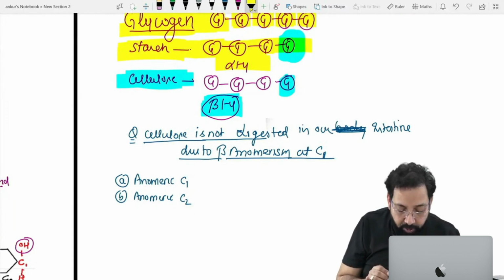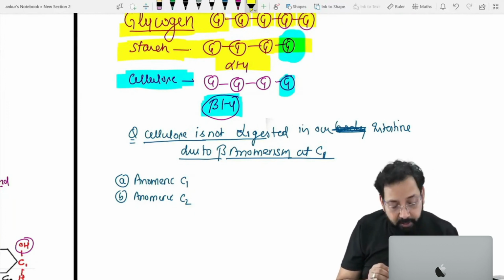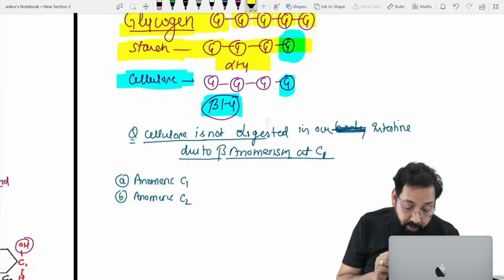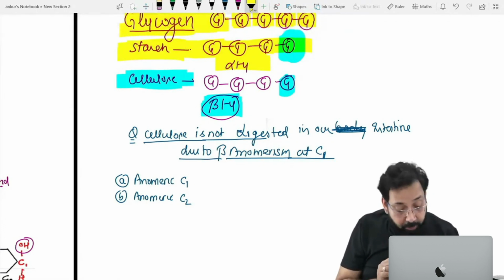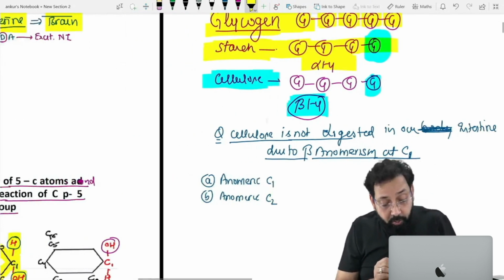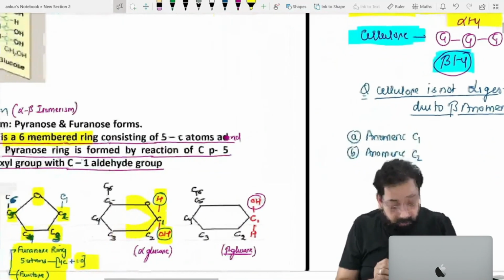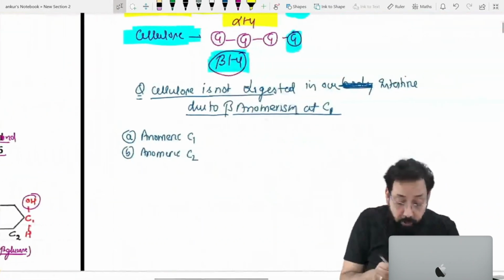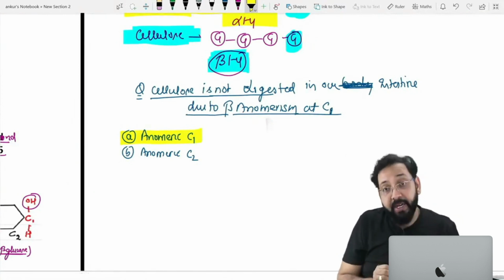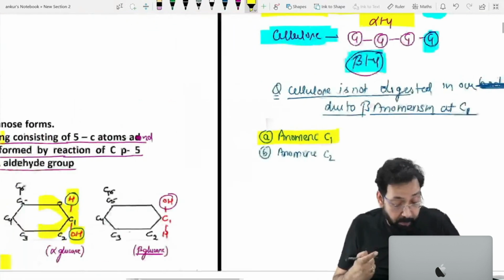Actually they should mention that we are talking about alpha beta, but they did not mention alpha beta. You must know anomeric means alpha beta isomerism. You know that cellulose is a polymer of glucose. Glucose will show anomerism at the functional group, and the functional group of glucose is aldehyde, which is present at carbon number 1.